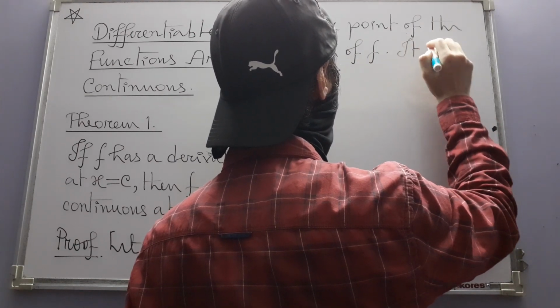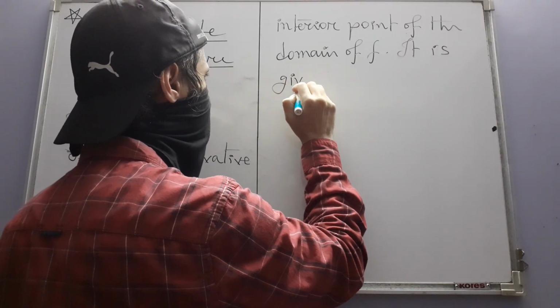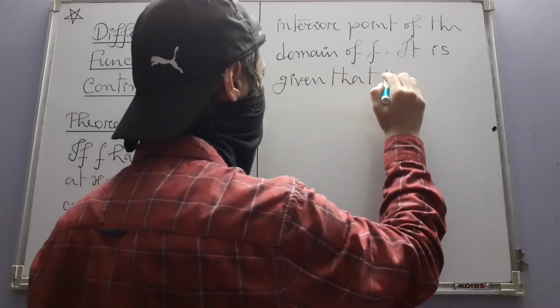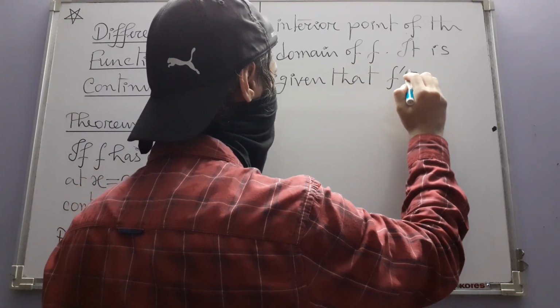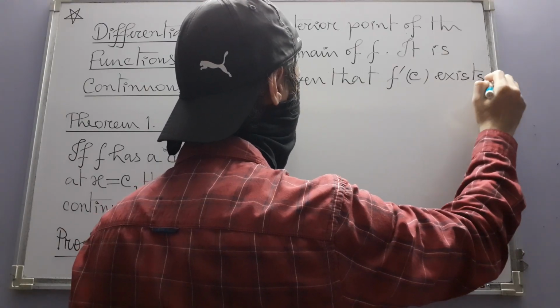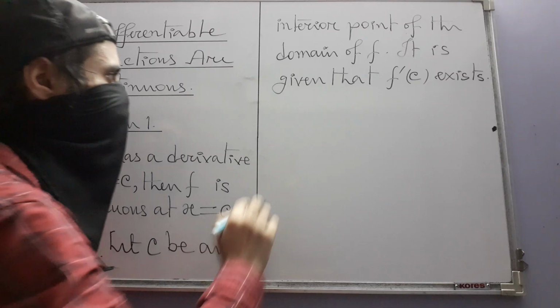So it is given that this exists. The derivative of f at c exists.